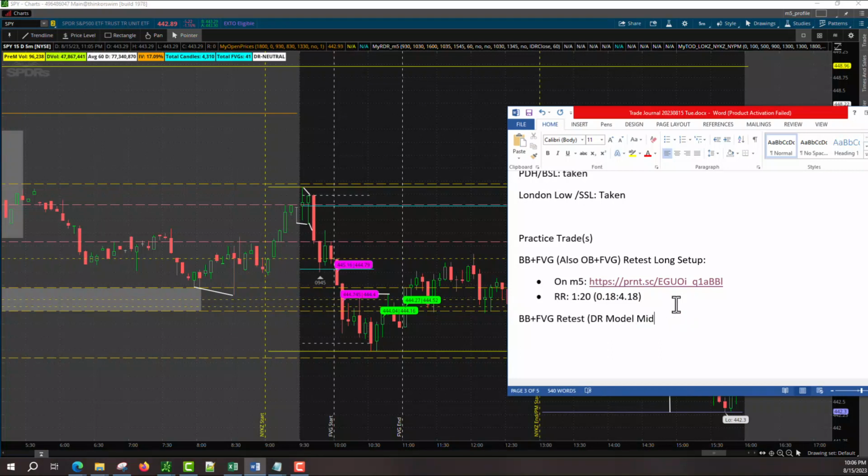They don't want it. Mid trend retest, and this is a short setup.